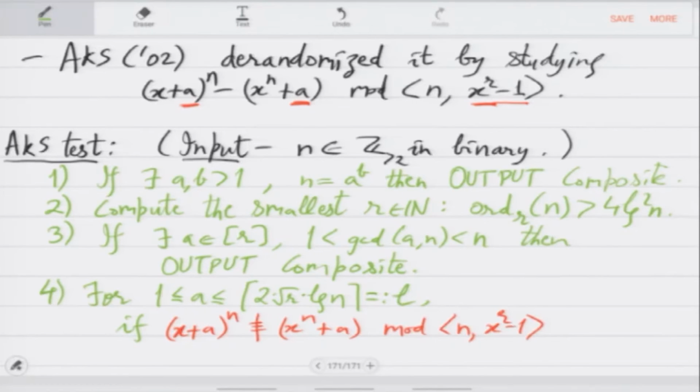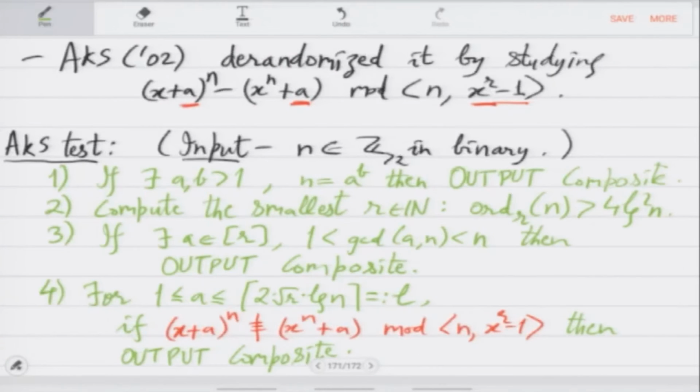If this fails, then output composite. And if you test for all these a's and it never failed, then you declare prime.